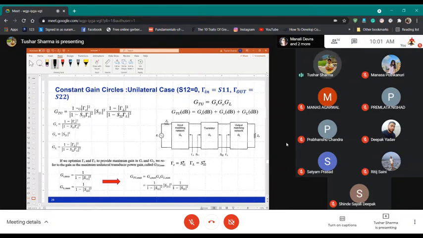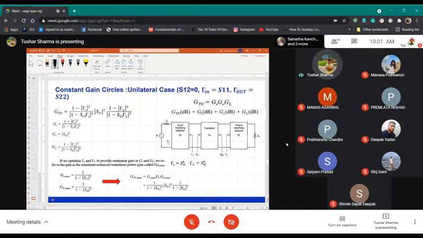Now this gain has 3 parts: 1, 2, 3. The first part is my GS. GS is my input matching network gain. S21 is my gain of my transistor, which is G0. And third, (1 minus |gamma L|²) over |1 minus S22 gamma L|² is my output matching network GL. So total gain is given by GS plus G0 plus GL in dB.